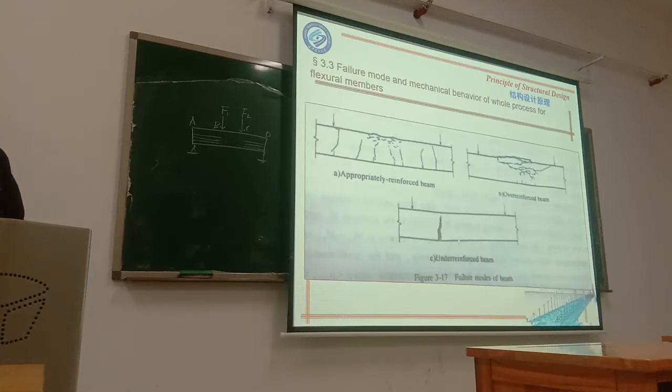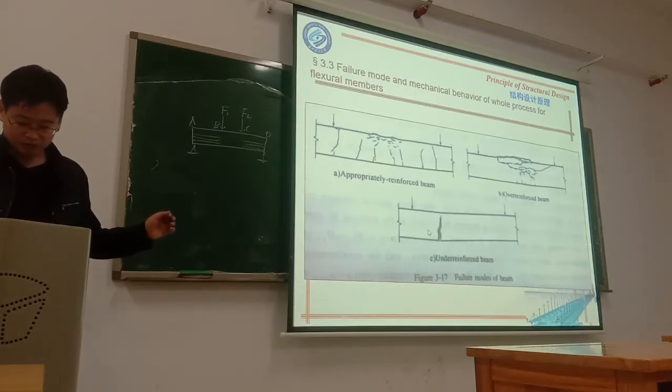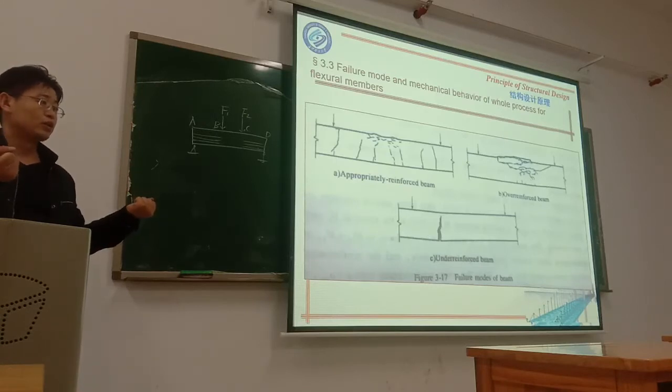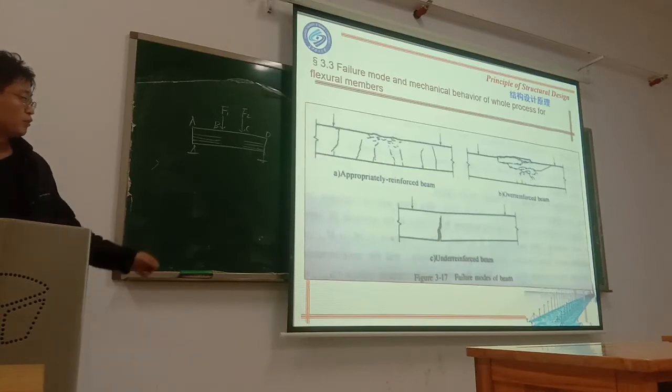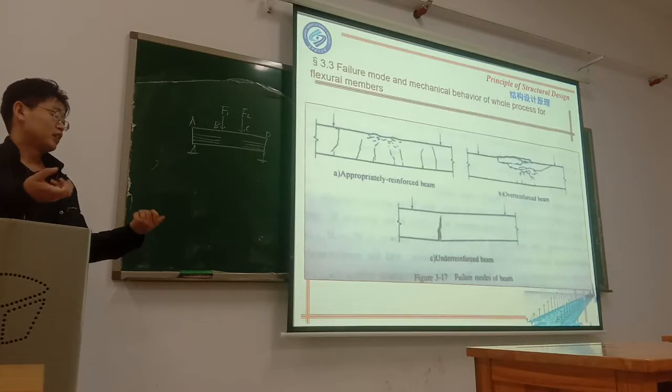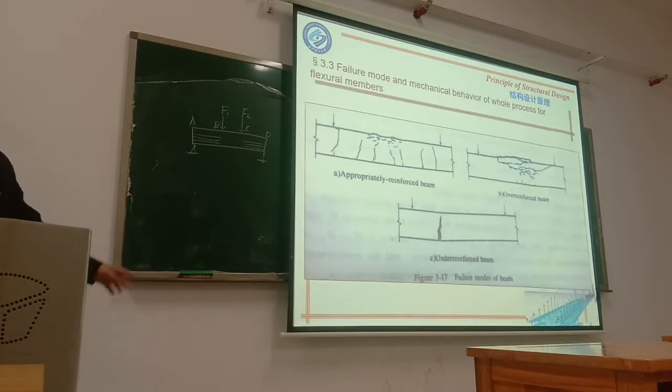Once the tensile force is larger than the tensile strength of the concrete, the beam will break, because we know the tensile strength of the concrete is very low, while the compression strength is very high. So this happens suddenly, even more dangerous than the previous one, I think.